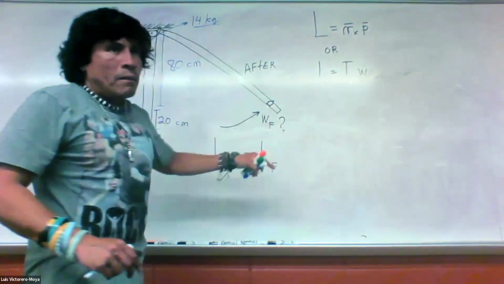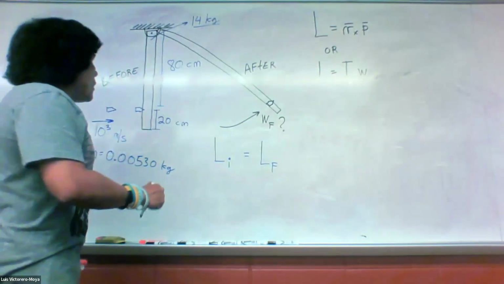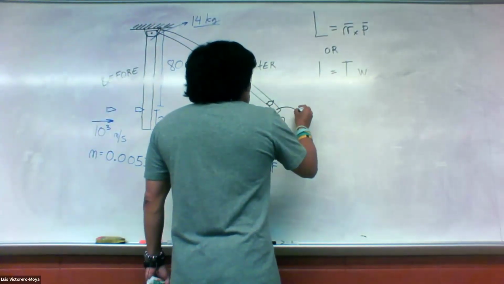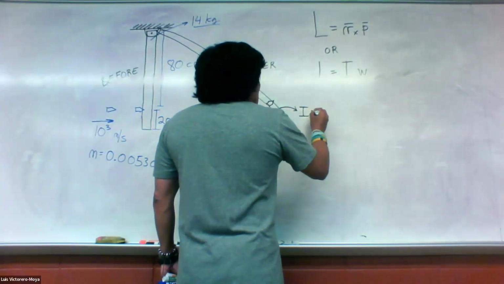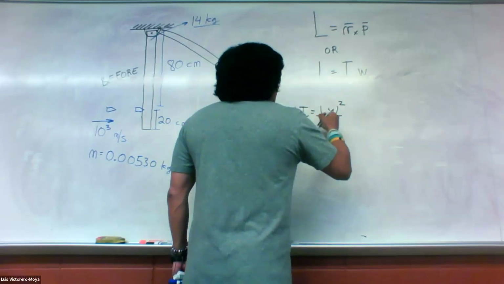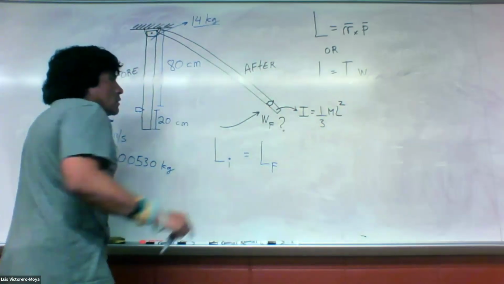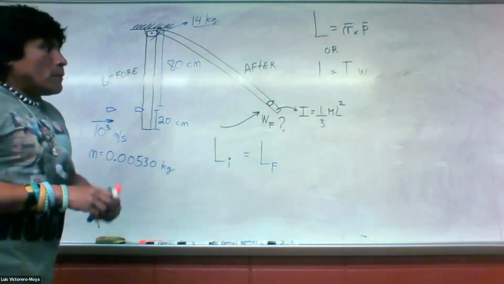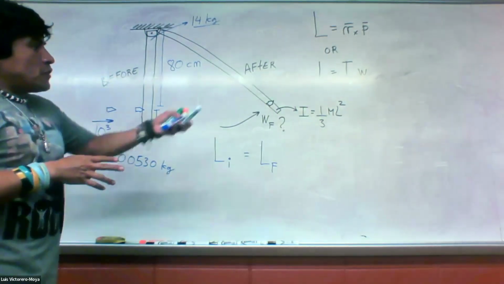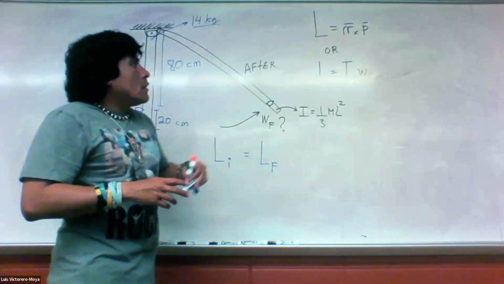Okay, so it's like a bar respect to the axis. So the moment of inertia is 1/3 ml squared. That's the length of the bar. Okay, that will be after, IW.